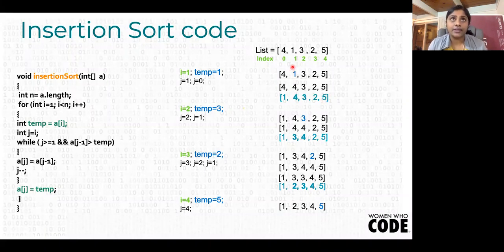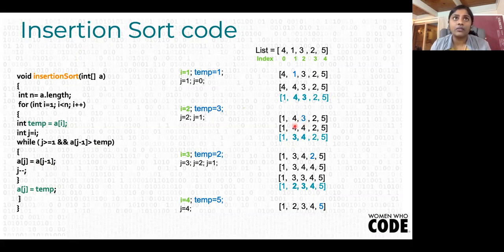Now increment the index counter from 1 to 2, and temp will hold the element at index 2, which is 3, and j will be initialized to i's value, which is 2. So in this case, we are comparing 3 with 4. So 3 is smaller than 4, so 4 has to be moved right. So you're placing 4 into this index, which is this line of code here. A of j will hold a of j minus 1. So 4 is copied to this element.